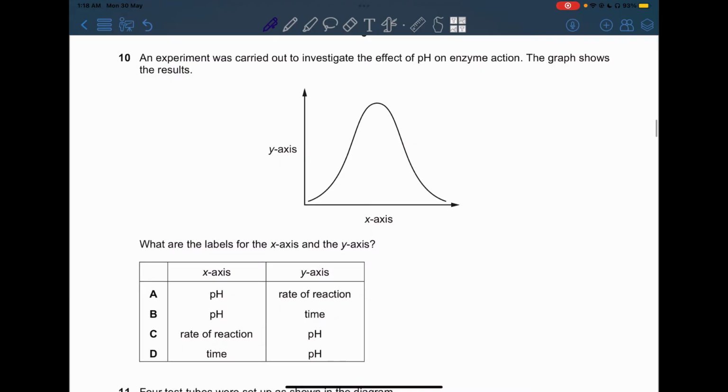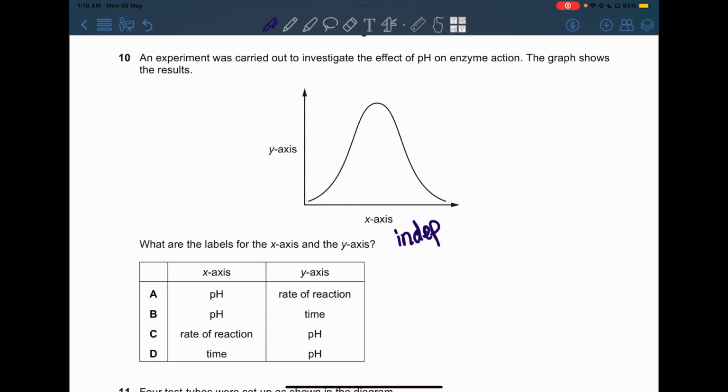Now, number 10, an experiment was carried out to investigate the effect of pH on enzyme action. The graph shows the results. What are the labels for the x-axis and the y-axis? Now, we know that, as I explained in the video in the paper 6, whatever comes in the x-axis is actually the independent, and whatever comes in the y-axis is usually the dependent variable.